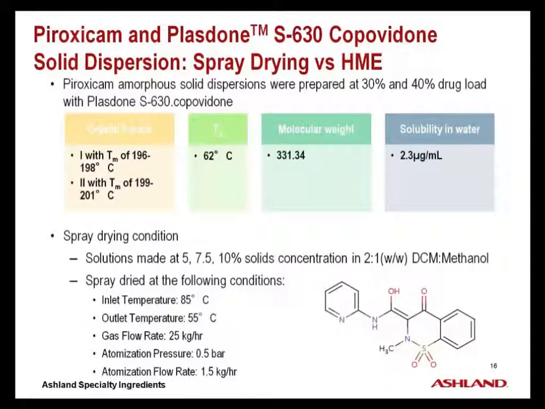Solid dispersions were prepared at 30 and 40% drug load with Plasdone S630 Copovidone using both spray drying and melt extrusion. During spray drying, all process conditions are fixed except for the solid concentration in the feeding solution. The solution concentration varies from 5 to 7.5 to 10%.